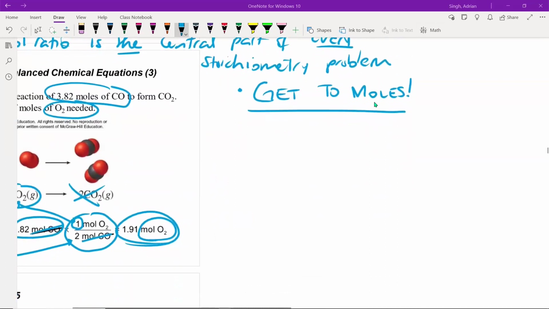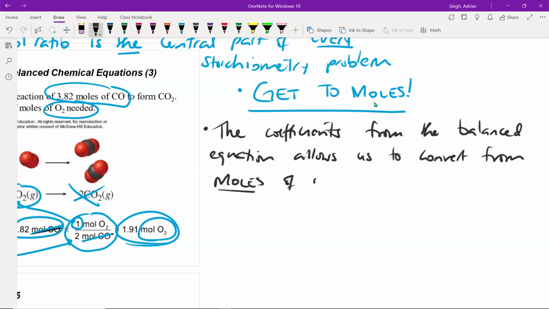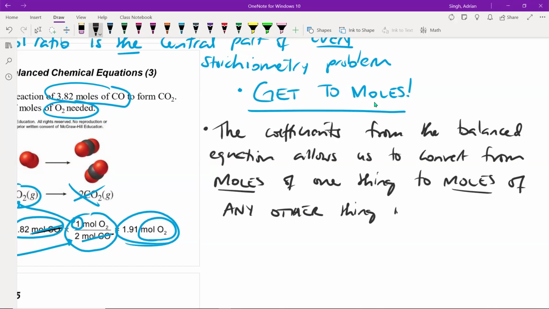So we can summarize and say the coefficients from the balanced equation allow us to convert from moles of one thing to moles of any other thing in that specific equation.